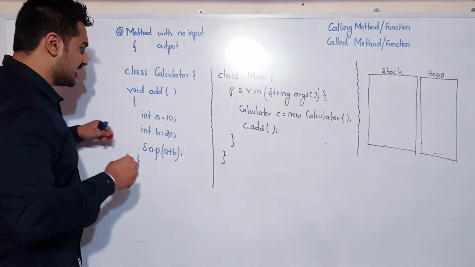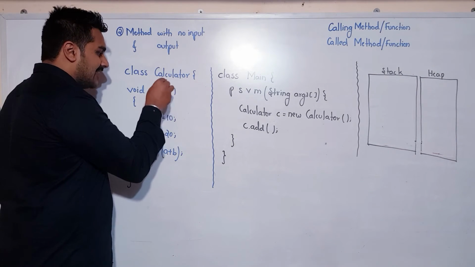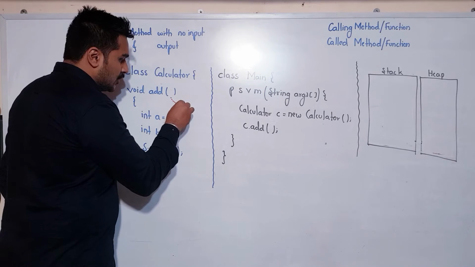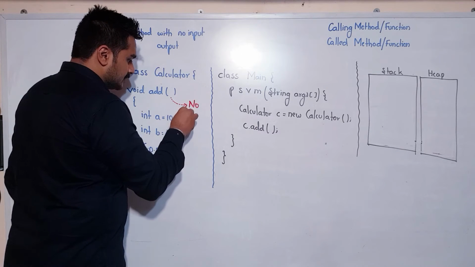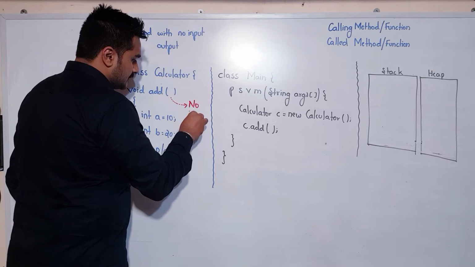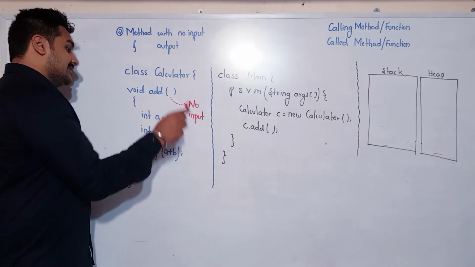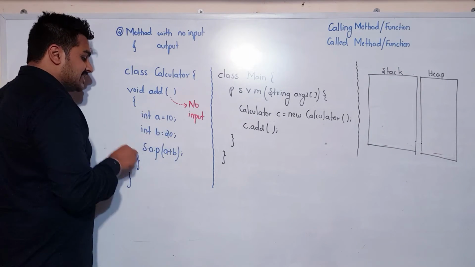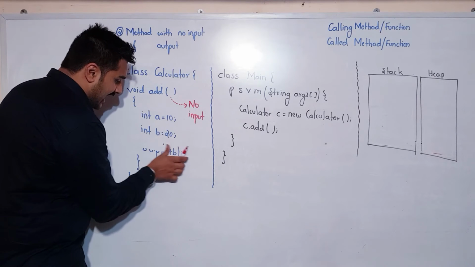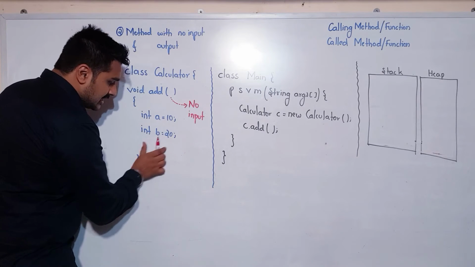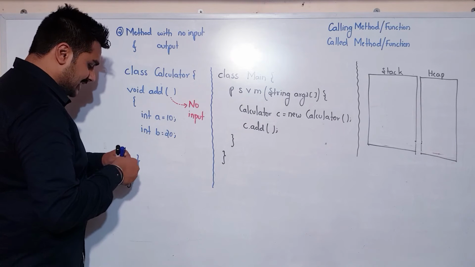So, if you see here, this will not have anything, so it is no input. I'm not giving any input. And this is not going to print the result inside it itself, rather it is going to tell something like this.